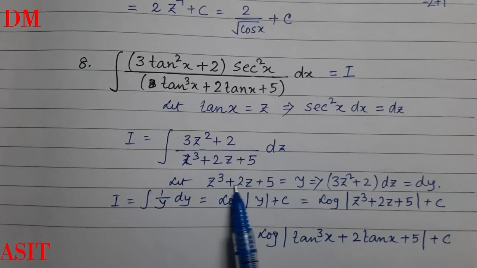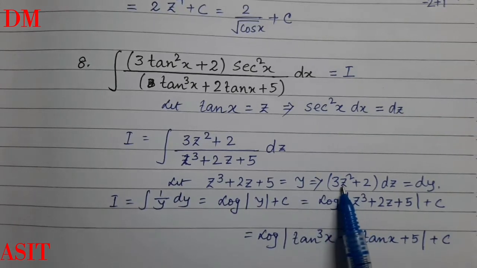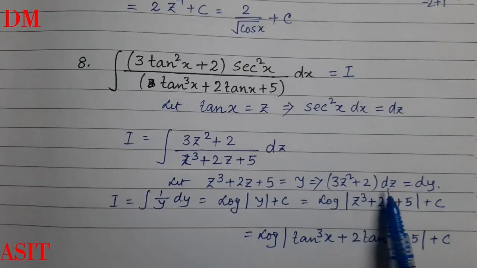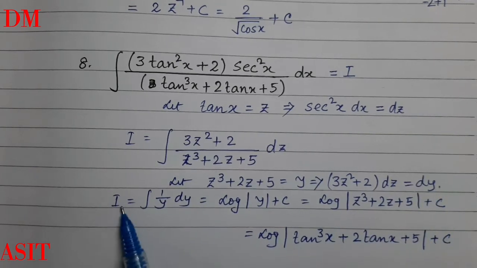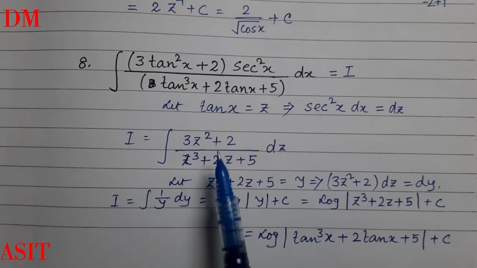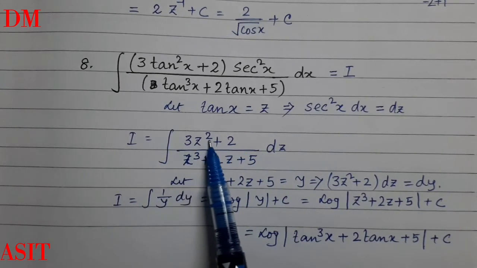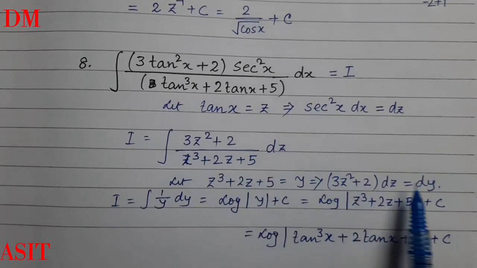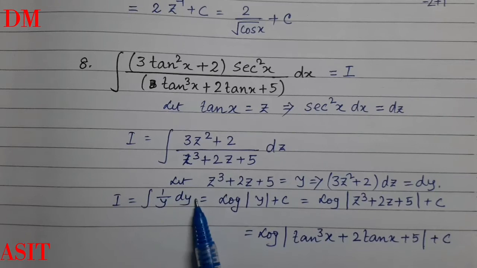So again you take this one as another variable y. So 3z square plus 2 dz will be equal to dy. So we can write the integration as 1 by y dy.